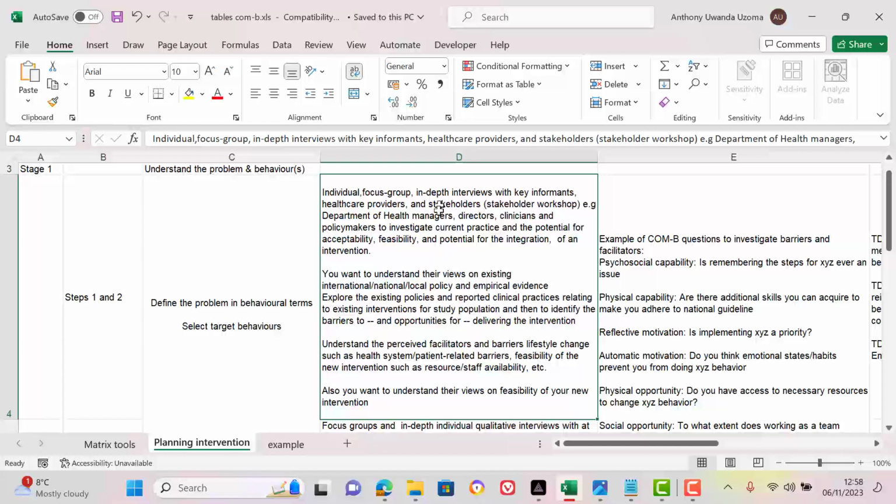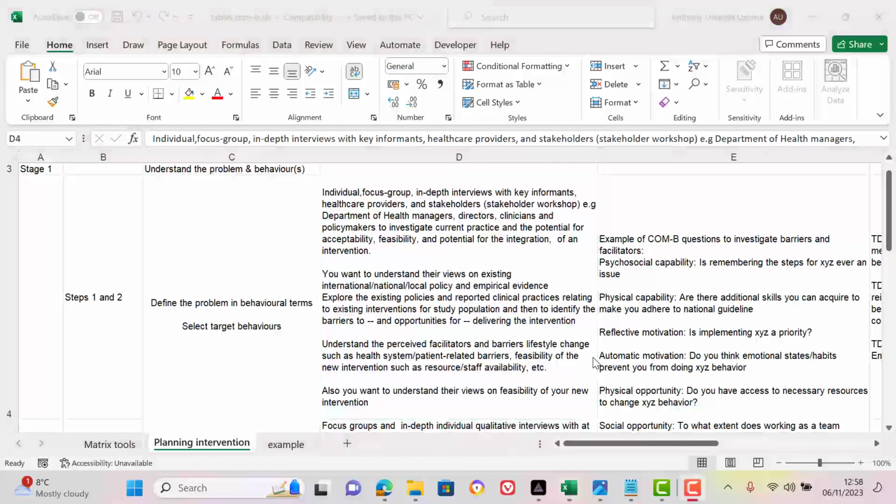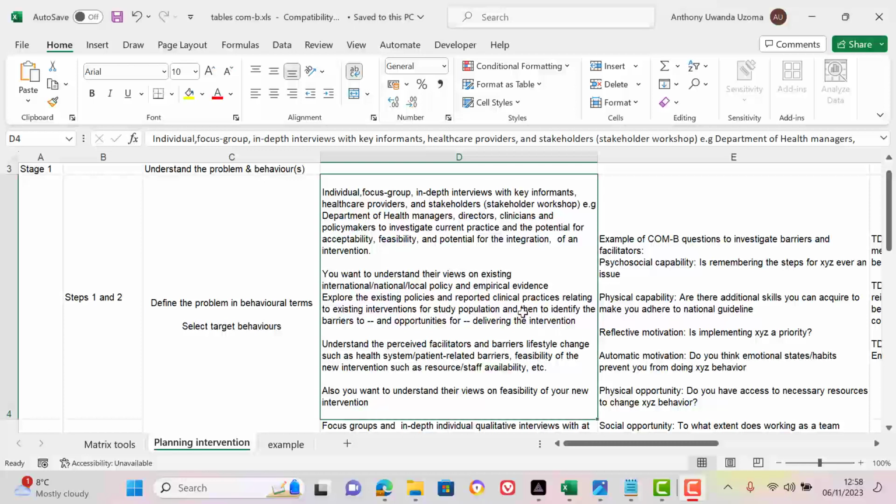As you are having these focus groups or in-depth interviews, the policymakers and key informants will give you an idea of the current policies, whether they are adhering to them, and if there are any challenges with adherence. You find out if there is any existing local policy in place. You understand their perceived facilitators and barriers: what are the things that can prevent people from changing their lifestyle?